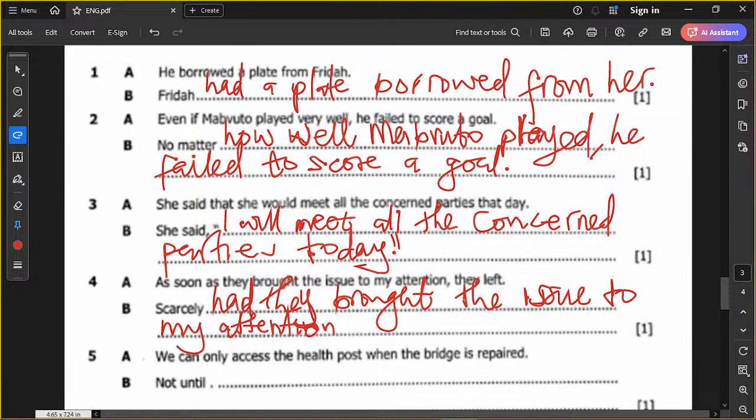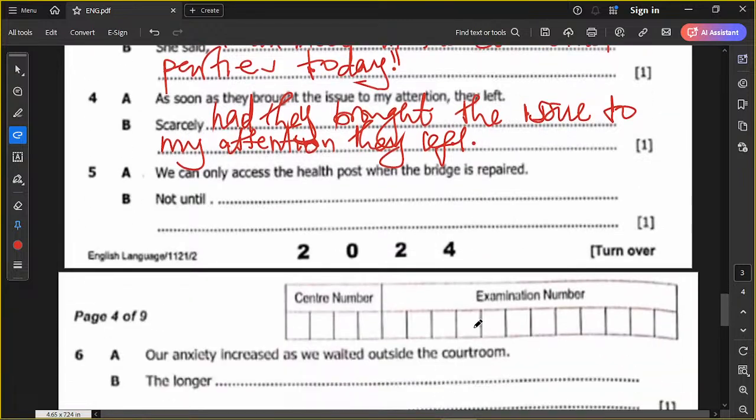So scarcely had they brought the issue to my attention, they left. Okay, like that. Okay, we come to question 5.